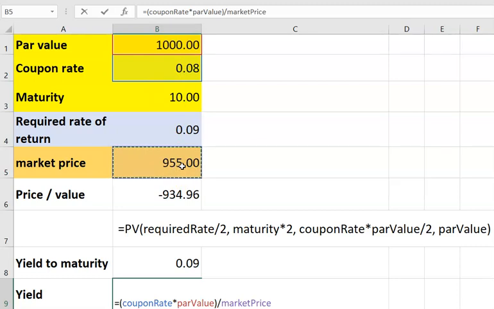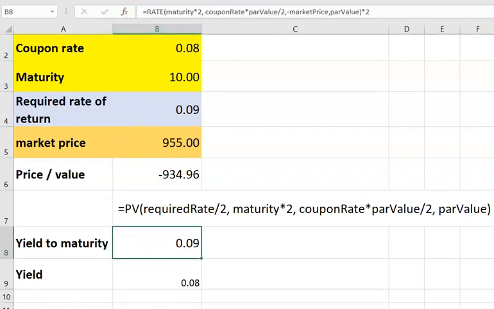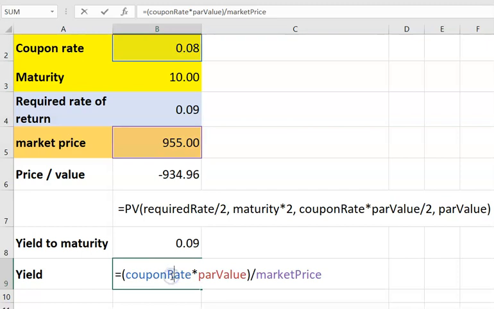And that gives me 8% simple yield. Okay? Let's just take a look at that again. It's the coupon rate times the par value. That's the amount of interest I get each year divided by the market price.